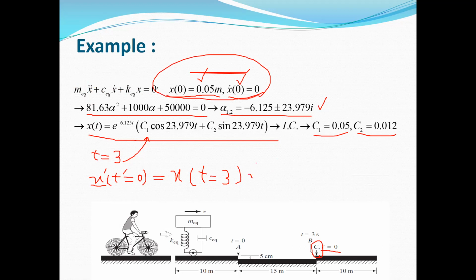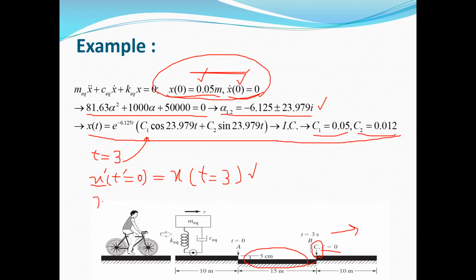The first one is x prime at t prime equal to 0 is equal to x at t equal to 3. I mean, we use the response of the previous part to obtain the initial condition for the time after t equal to 3 seconds.